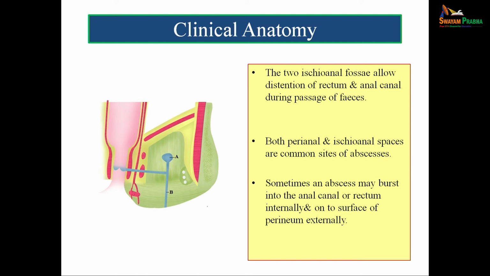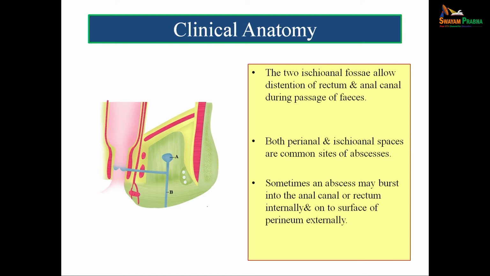Now we come to the clinical aspects once again in relation to the ischioanal fossa. As I mentioned before, the two ischioanal fossae allow distension of rectum and anal canal during passage of fecal matter. Both perianal and ischioanal spaces are common sites of abscesses.